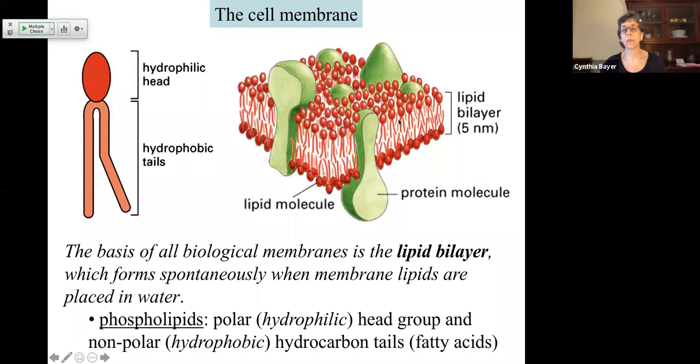All of the hydrophobic fatty acid tails will be excluded from water and will end up essentially protected from the aqueous outside of the cell and the aqueous cytoplasm of the cell. And this layer will spontaneously form a sphere as well. The sphere to protect those hydrophobic fatty acids from the water, right? The best way to protect them from water is to have a continuous sphere of this bilayer.